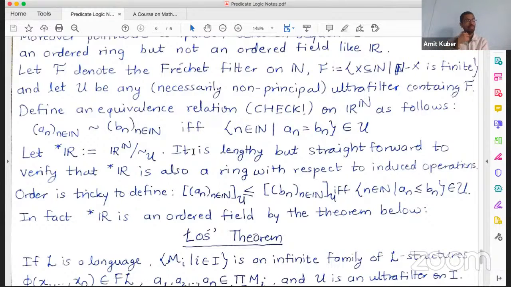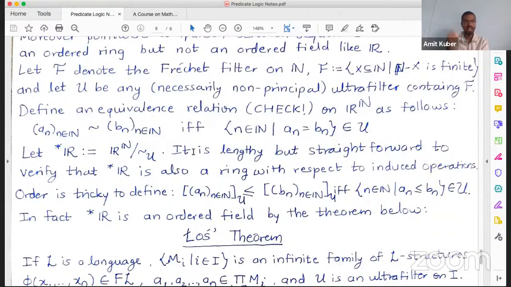Of course, we don't want to declare any finite set to be large, but then the cofinite sets should be large, because that is what our intuition tells us: you have only left out finitely many elements, so of course it is large. And the entire set has to be large. You put some more restrictions and you eventually recover the definition of an ultrafilter.